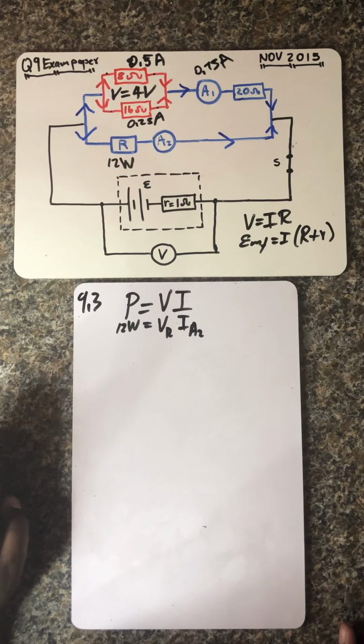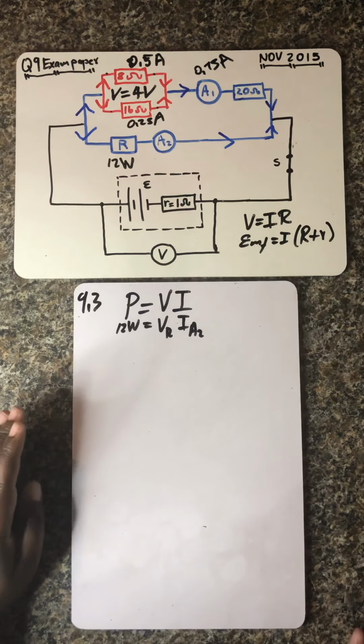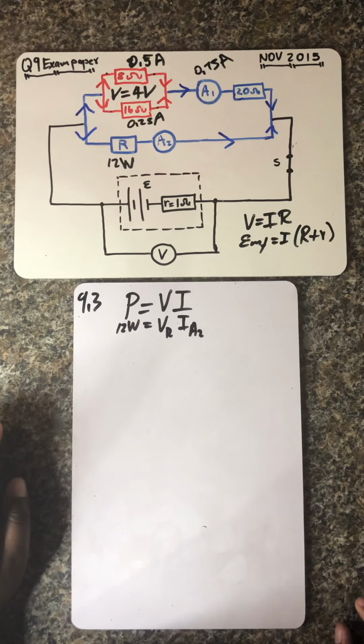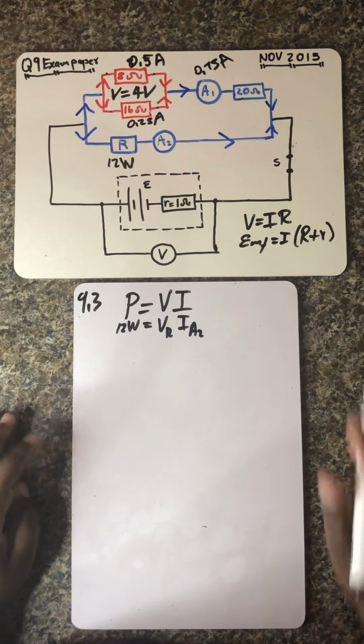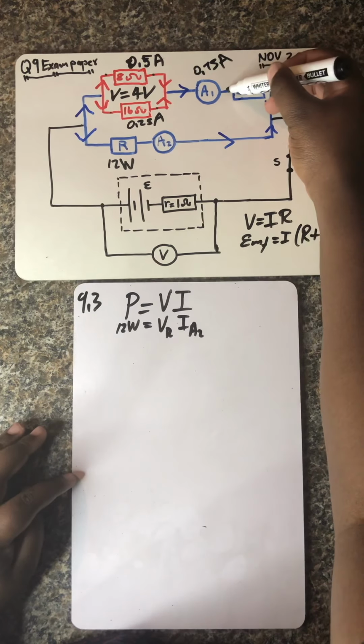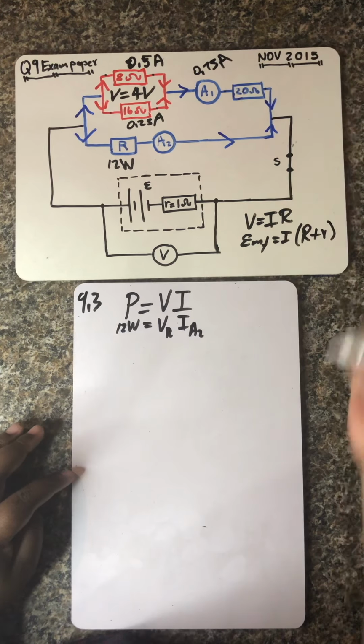I'm just trying to think of the easiest way of approaching this question. Okay, but let's see. We can calculate a V on that 20 ohms resistor.